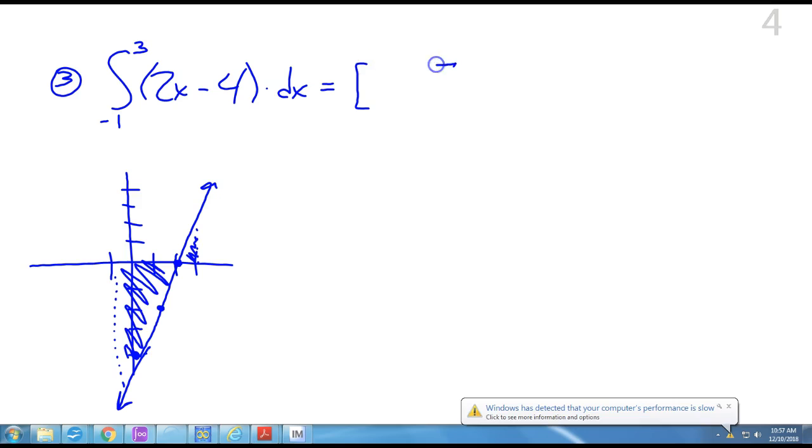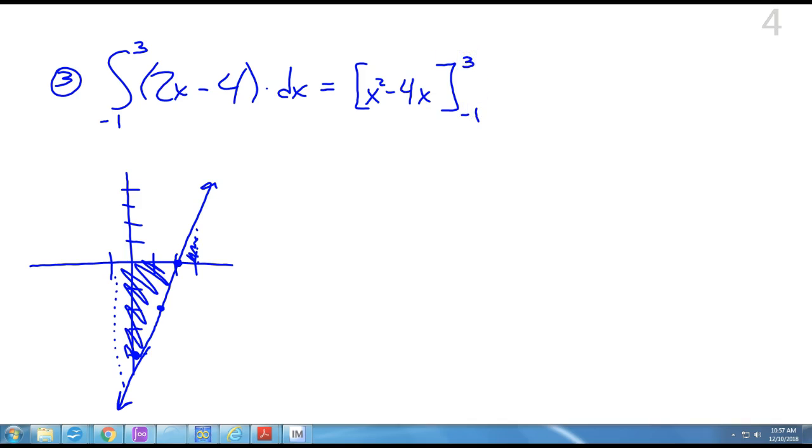So what's the integral of 2x minus 4? X squared minus 4x, right? And technically there's a plus c. I don't need it for definite integrals because you'd have a c minus c eventually and they would just go away. Put your negative 1, put your 3. And you always plug in top minus bottom.